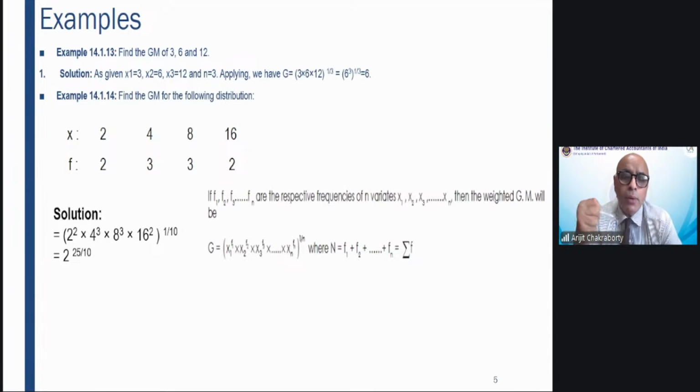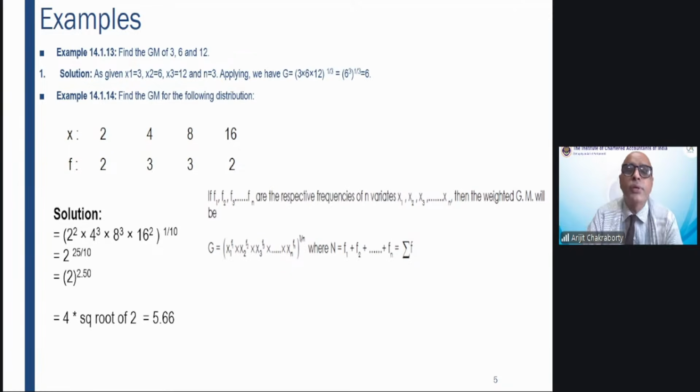Similarly, a to the power m to the power n gives us a to the power m into n. So applying the basic rules of indices, we arrive at 2 to the power 25, but we have 1/10 in the power position. So therefore, it comes to 2 to the power 2.5, which when further simplified gives us 4 into root 2. So the answer comes to around 5.66.